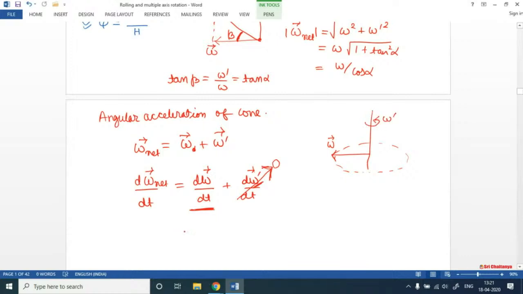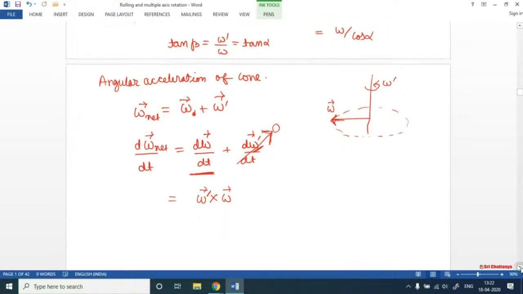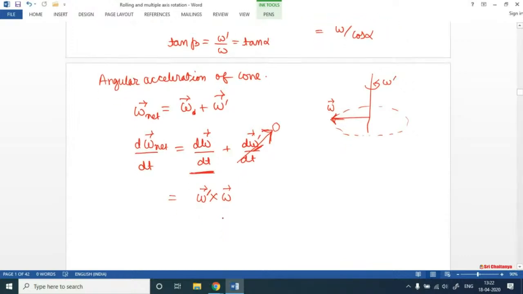You must understand that the magnitude of omega is not changing, only its direction is changing. So d omega by dt would simply be omega dash cross omega. This would be the angular acceleration.